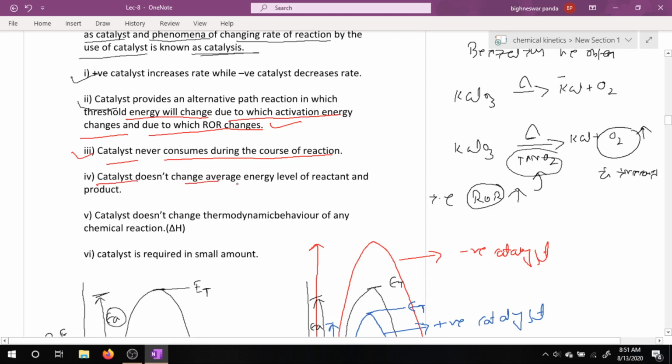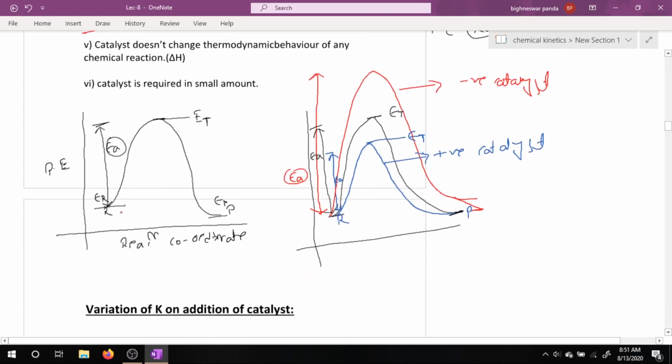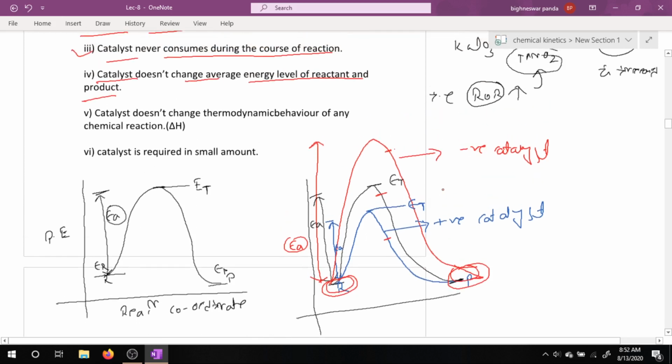A catalyst does not change the average energy level of reactant and product. Here is the reactant, here is the product. This line shows without catalyst, this line shows negative catalyst, and this line shows positive catalyst. It does not change the average energy level of reactant and product.